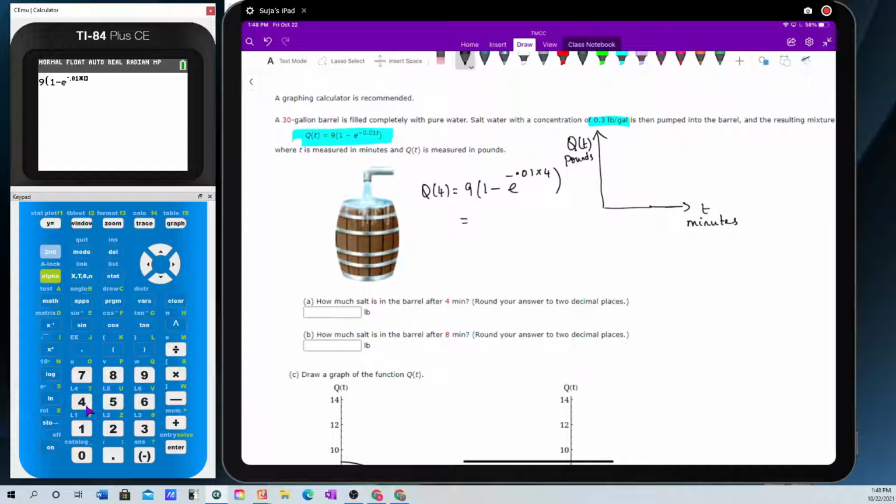It says round your answer to 2 decimal places, right? So the answer should be approximately 0.35 pounds.